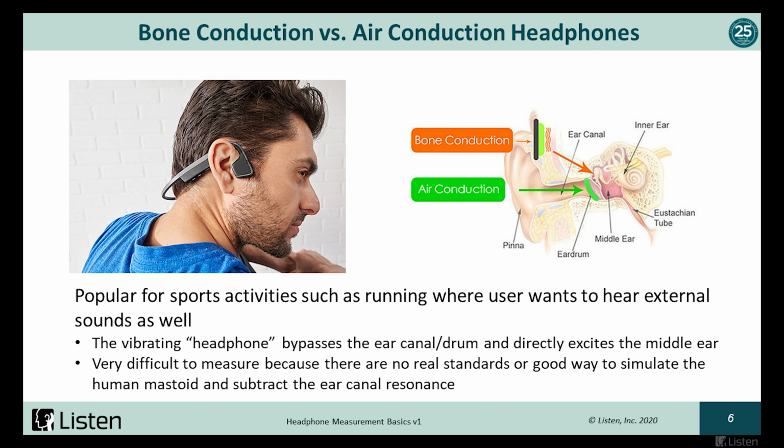So it's hard to know what the response really is equivalent to air conduction headphones. And typically, because the high frequencies get absorbed by the skin, it's hard to get a good high frequency response out of these. But nevertheless, they've gotten a lot better.